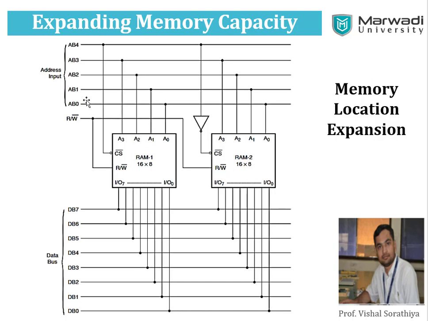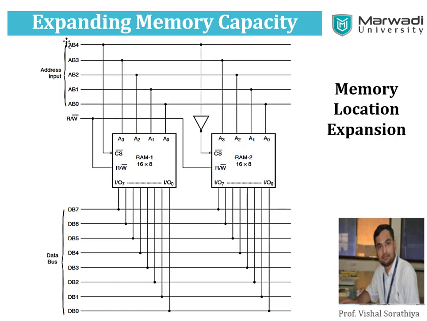Now, if we increase the address input by 1, then it is going to be 2 raised to 5, which means 32 addresses we can work with simultaneously by using these 2 RAMs, and we can give the data of these 32 addresses to the 8 data bits. But the basic consideration is that these 2 RAM chips work sequence by sequence.